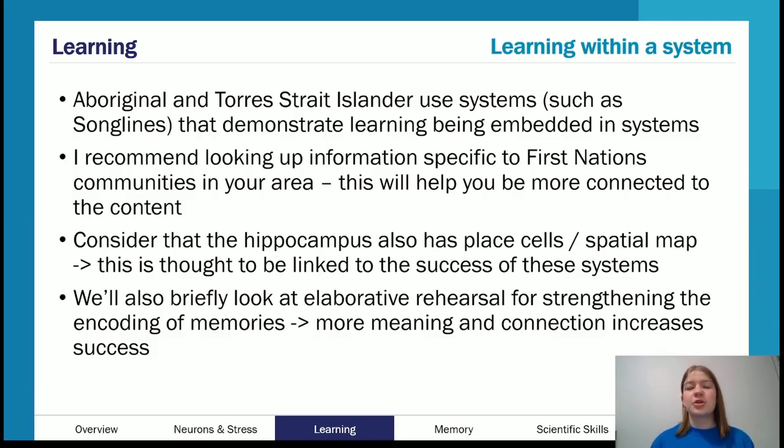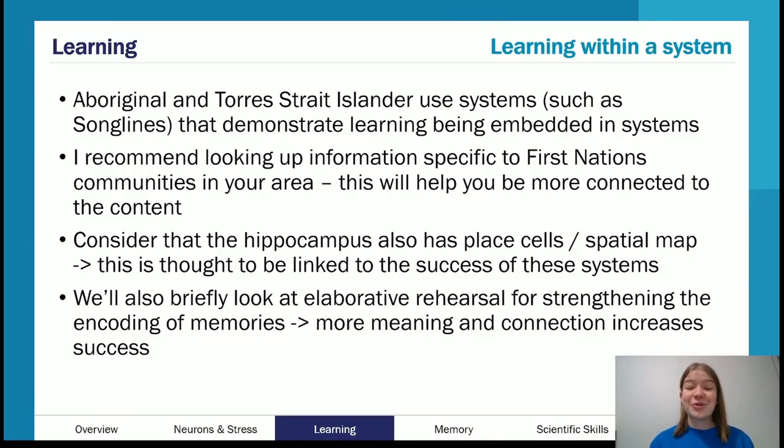We know country is not just about physical geography, but considering the more holistic and interconnected elements as well. The hippocampus, which is responsible for consolidating your declarative memory, also has a spatial map in it. So it makes sense that if you're looking at knowledge that's really tied in to where you are, this could help with integrating that knowledge and strengthening it.